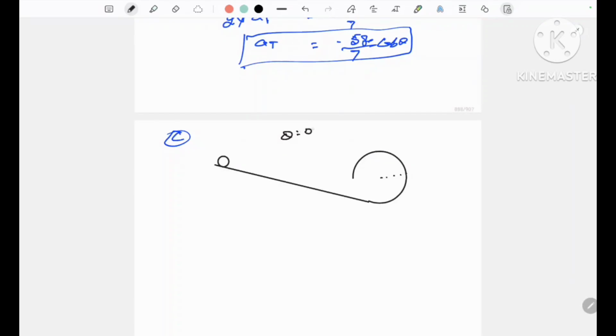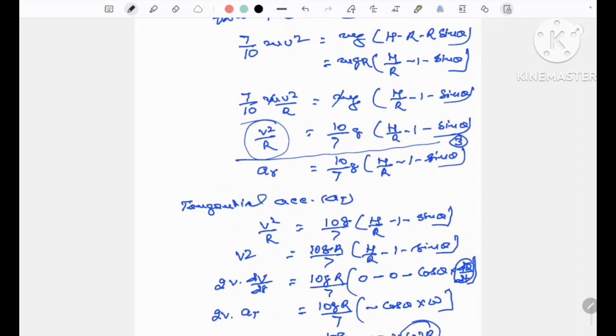Theta is 0 degree, m is 70 gram or 0.07 kg, and h is 60 centimeter or 0.60 meter.